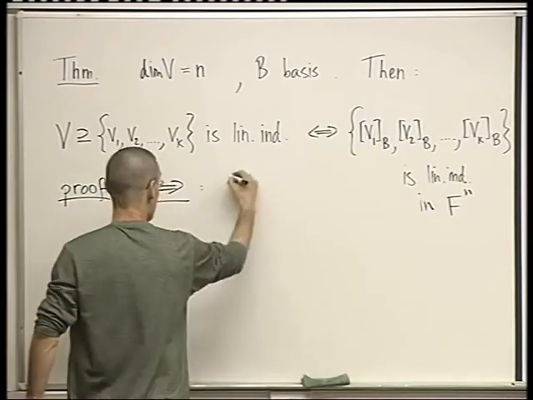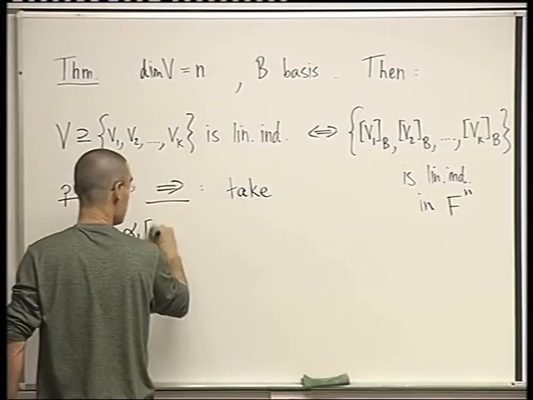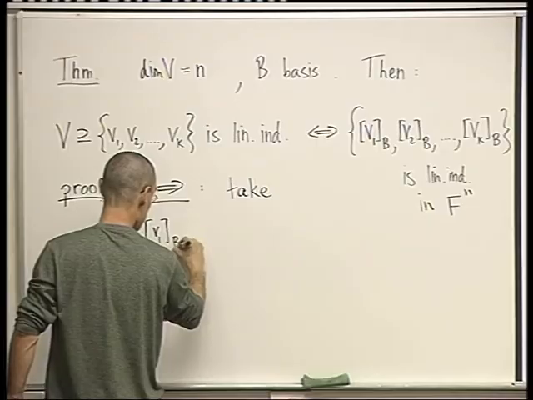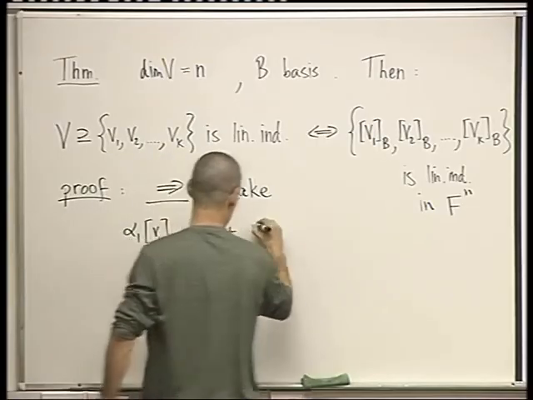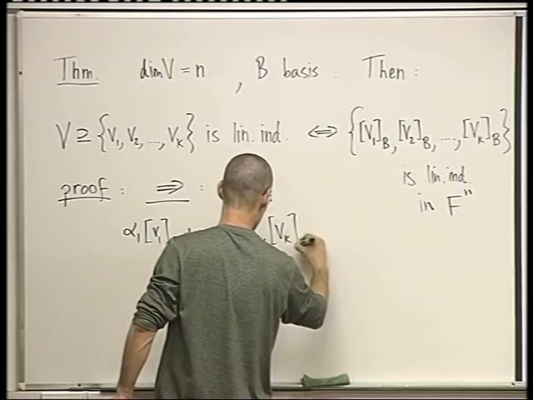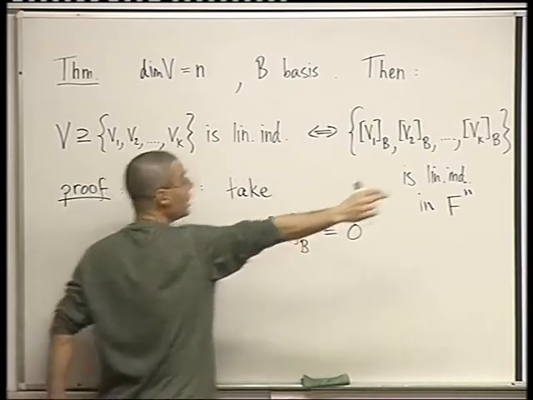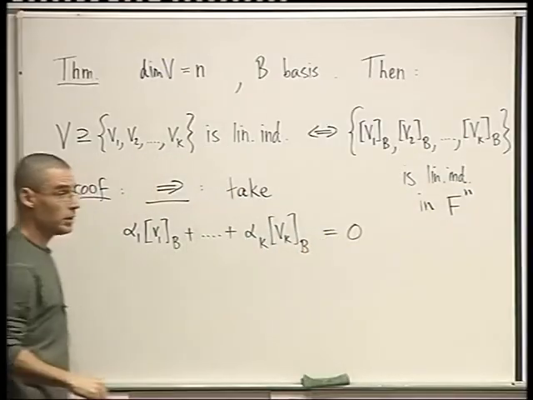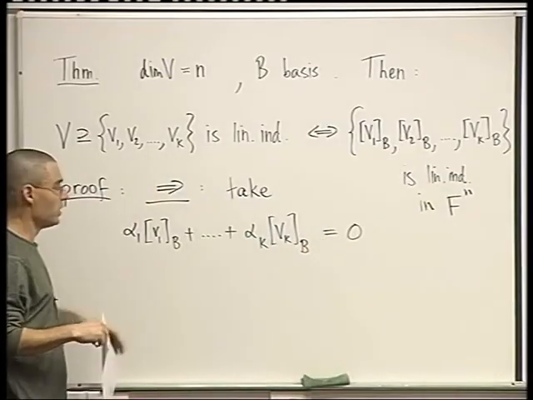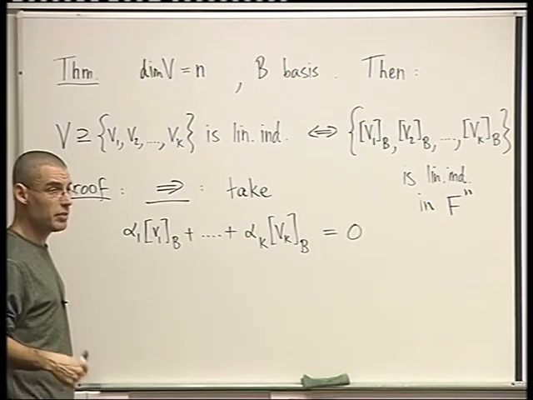So take alpha 1 [v1]_B plus ... alpha k [vk]_B equals 0. We need to show that all the alpha i's are 0. Everybody following the logic?